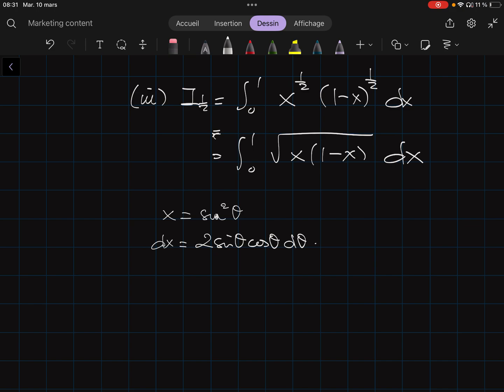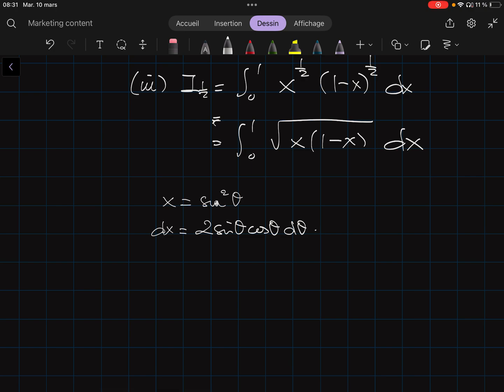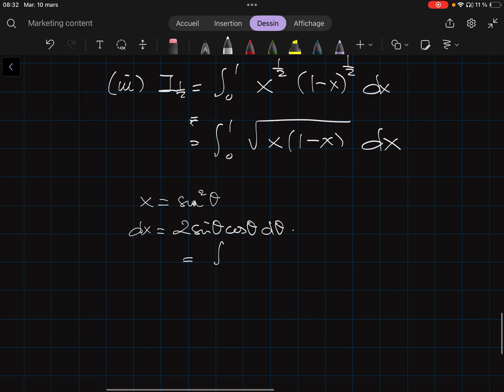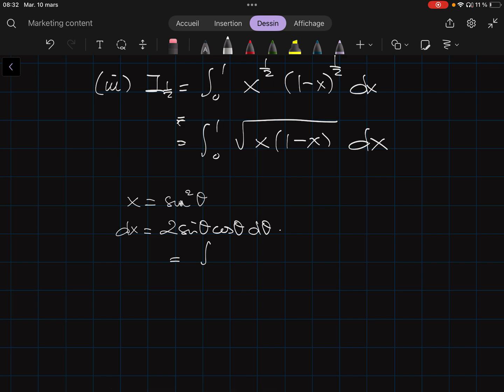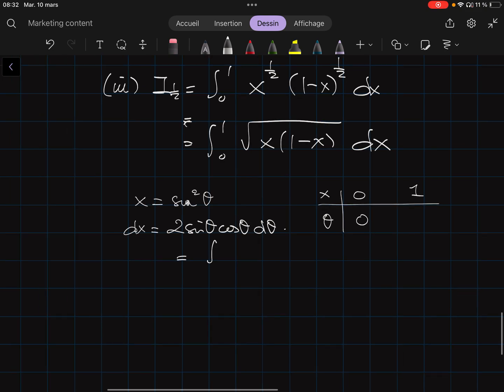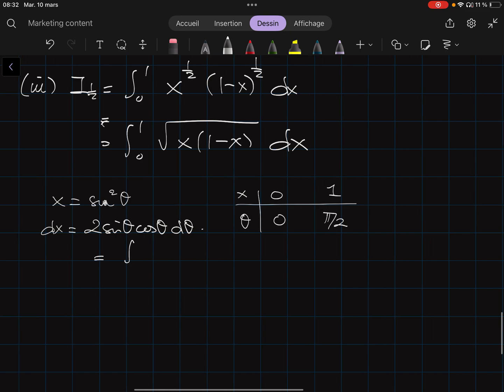From this point onwards, the question looks a lot more familiar. When we change variables, we also have to change the bounds. x goes from 0 to 1. That means that sine squared of theta is equal to 0, or theta is 0. Sine squared is equal to 1, sine is equal to 1, theta is pi by 2. And this is because we only consider positive theta in these cases.